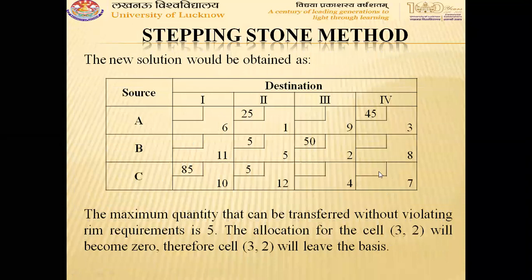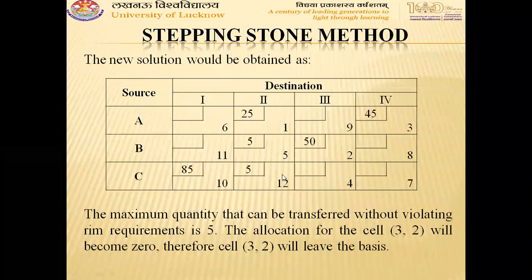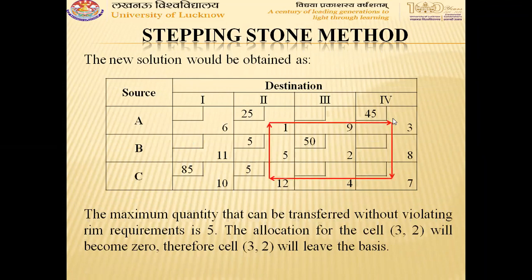Now using 3 comma 4 we construct the loop 3 comma 4, 3 comma 2, 1 comma 2 and 1 comma 4. That is this loop. And we can transfer the maximum possible quantities minimum of 5 and 45. That is 5 units can be transferred according to this loop without violating any of the rim requirement.